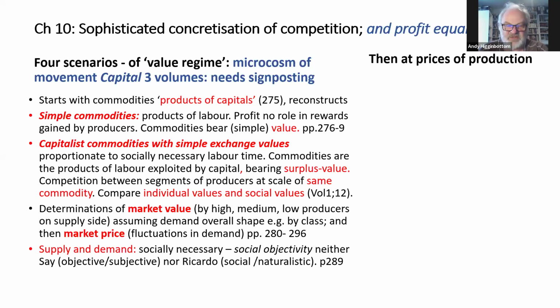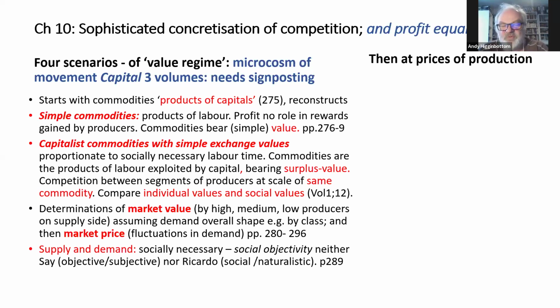So he's adding on, as well as value being a regulating value, the movement of market value, which tends to settle where the preponderant producers are in a given distribution of capitalist producers in any given commodity market. And secondly, there are fluctuations of price around that market value.